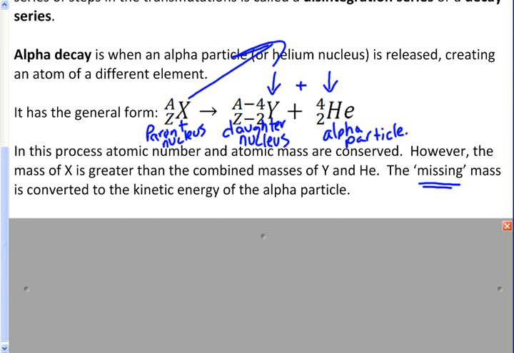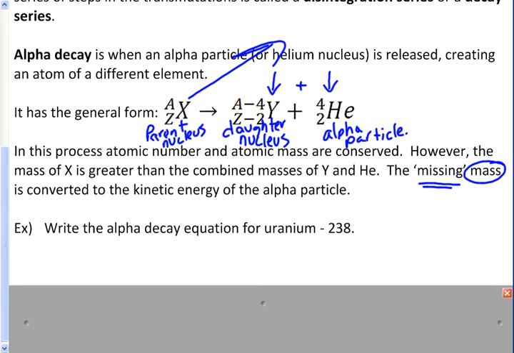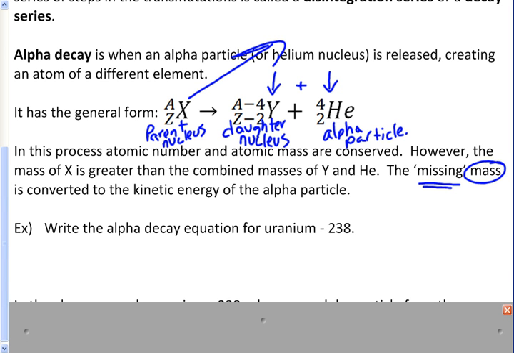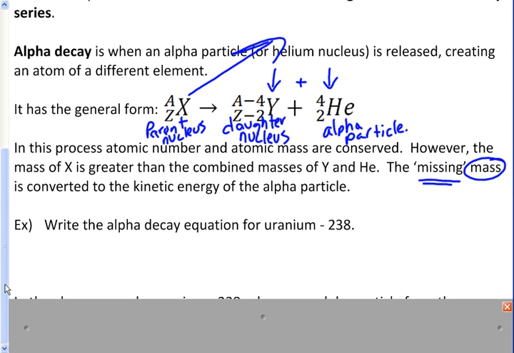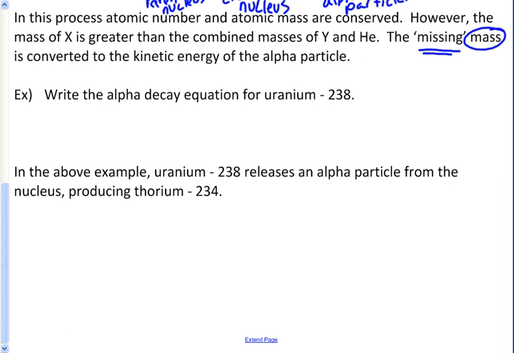So what happened was some of this mass was converted into energy from Einstein's equation, and that energy was able to shoot this helium particle out. Now, we're not going to deal with that right yet, but we will get into Einstein's E equals mc squared equation in a little while.